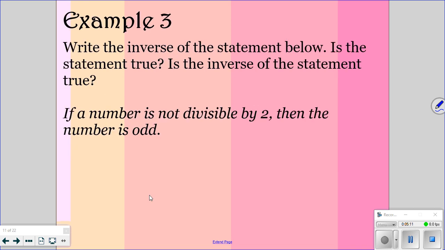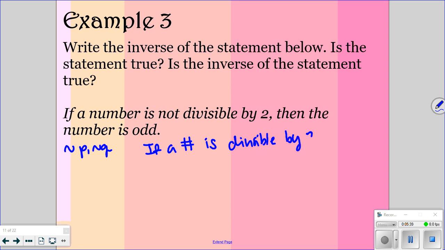So we want to write the inverse of the statement below, and is it true? And is the original statement true? So the first thing to do the inverse, you're going to do not P, not Q. So if a number is not divisible by 2, so that means if a number is divisible by 2, you don't want to put a double negative in there, then the number is not odd.